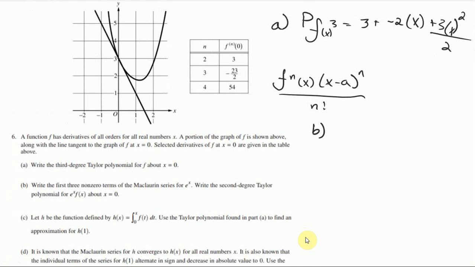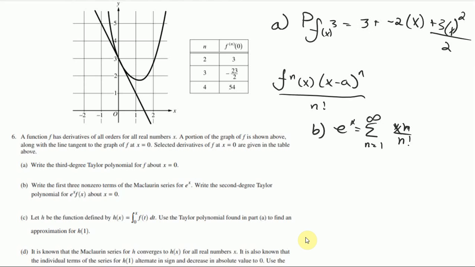Part B. Write the first 3 non-zero terms of the Maclaurin series for e to the x. We know that e to the x is just the summation from n equals 1 to infinity of x to the n over n factorial. Everybody should know that.